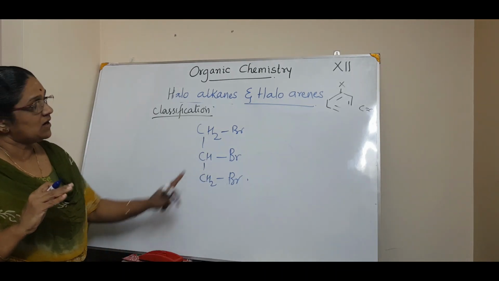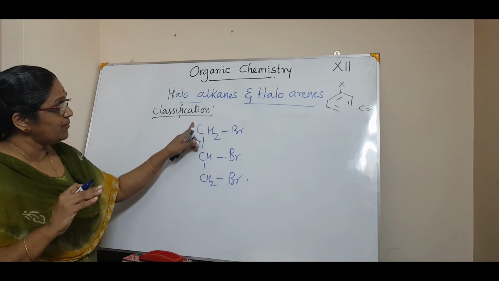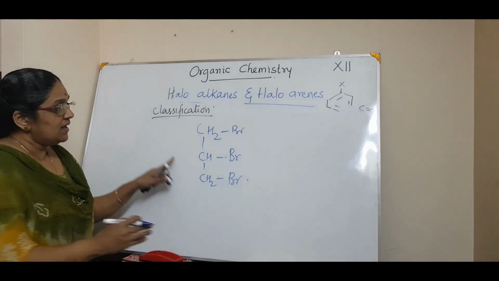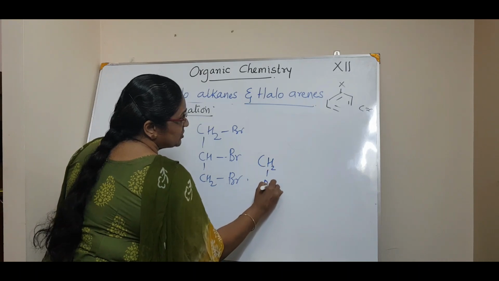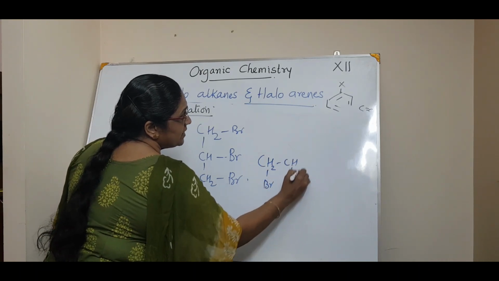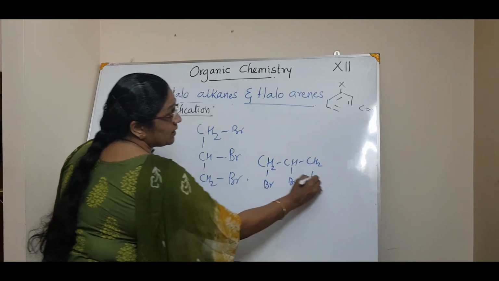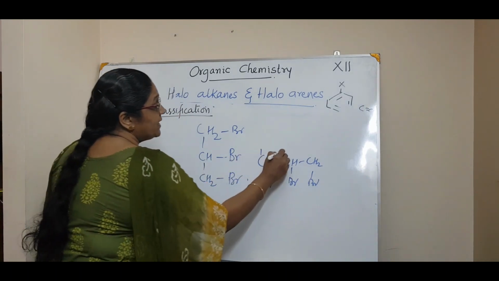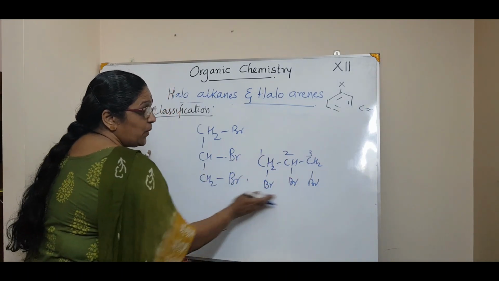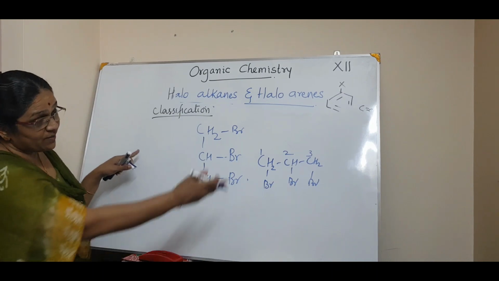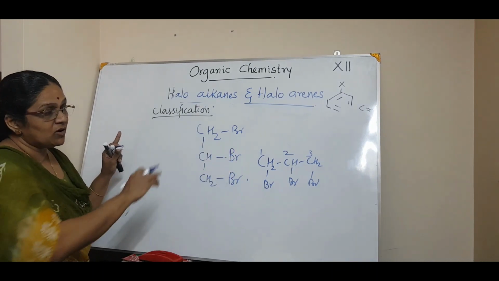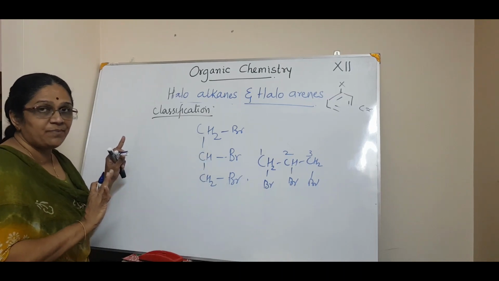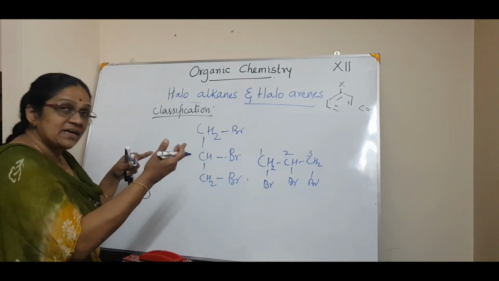How will you name it? 1,2,3-tribromopropane. You have to write it like this. CH2Br, CHBr, CH2Br: you number it 1, 2, 3. The numbering is the same from left to right and from right to left, because all 3 carbon atoms carry bromine, so you can number it either way.